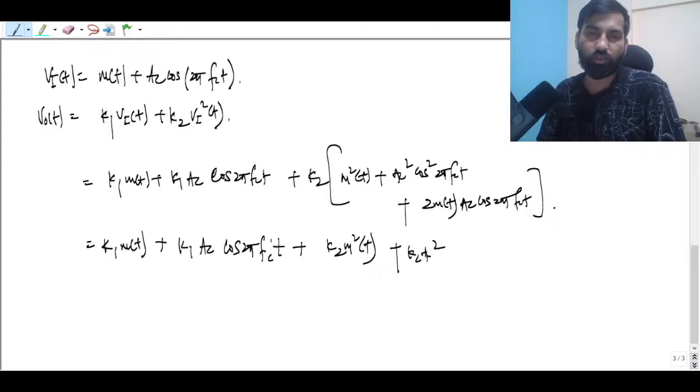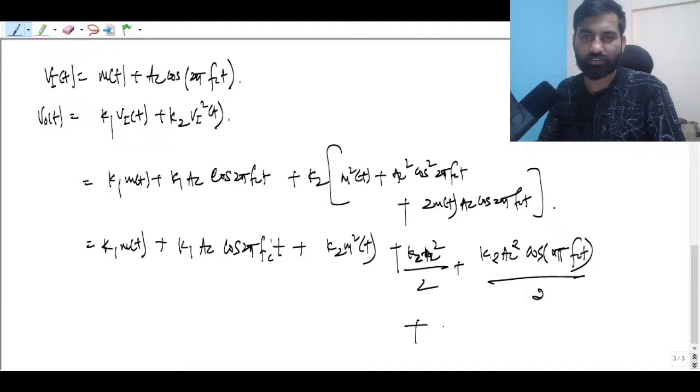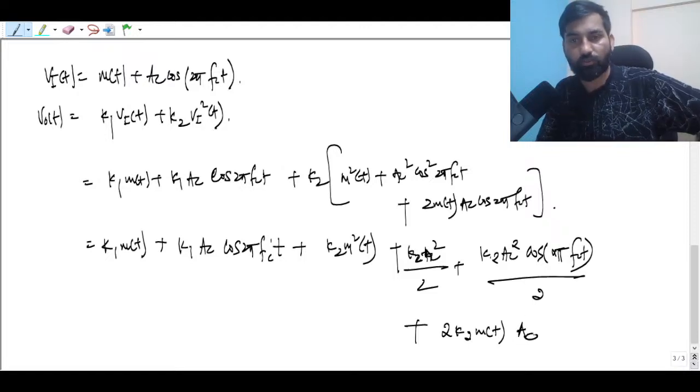That is nothing but 1 plus cos 4 pi fc t, right? So this is nothing but Ac square by 2 plus, this is k2, k2 Ac square by 2, then k2 Ac square cos 4 pi fc t by 2, and then this will be as it is, so 2 k2 m(t) Ac cos 2 pi fc t.